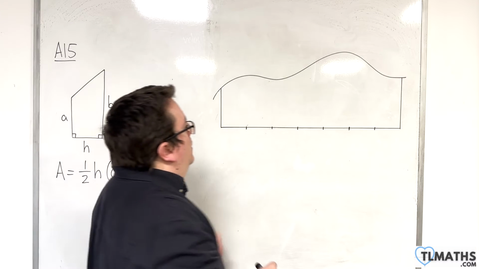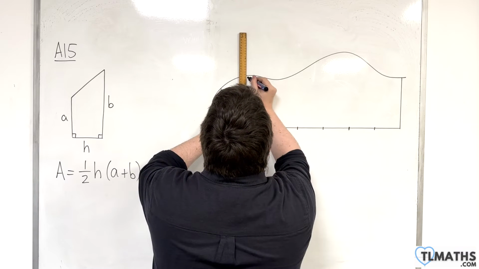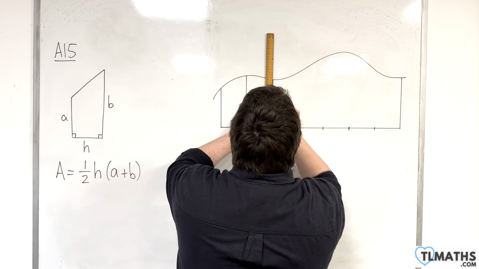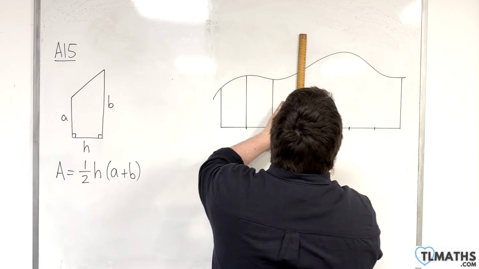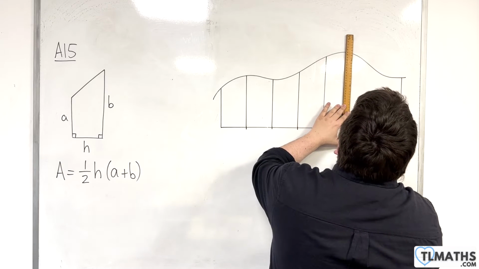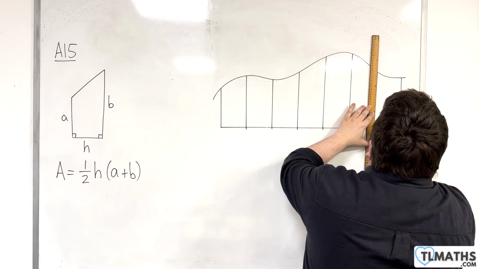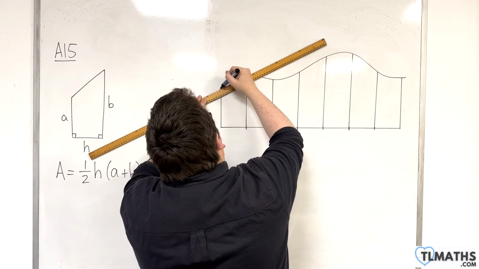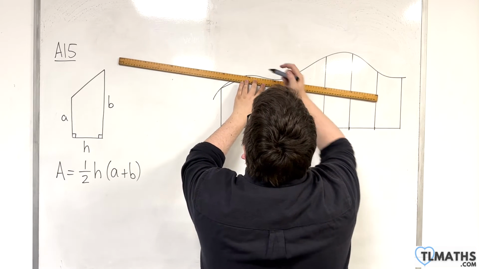So what we're going to do is we're going to split this up into trapezia. So I'm going to draw vertical lines first. And then I'm going to join up the tops of the two lines. So you can see that one went underneath.